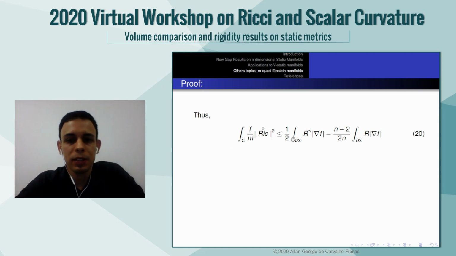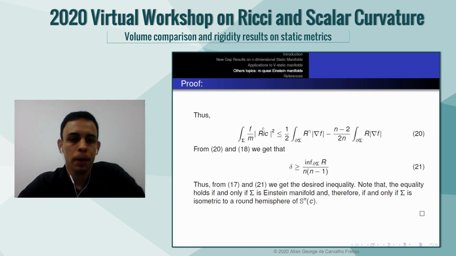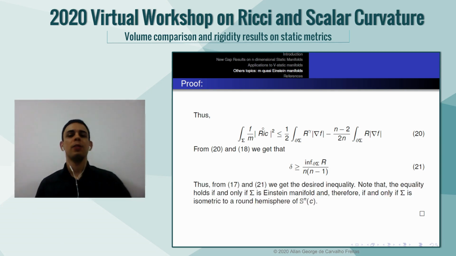So we have this, okay, where this is the scalar curvature of the boundary. Finally, joining these two facts, we get this condition, okay, and we get the desired inequality.